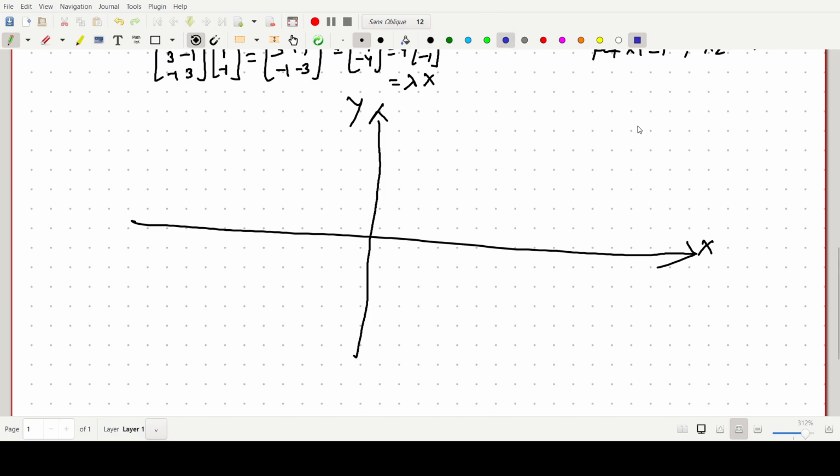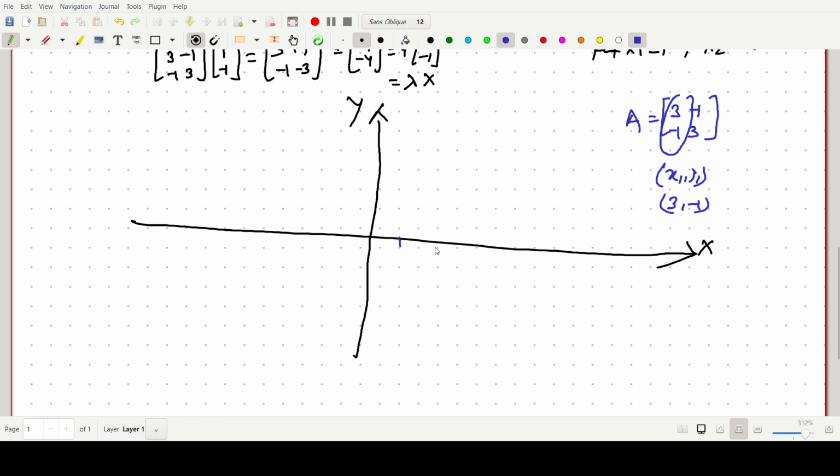Suppose our matrix is A equals 3, minus 1, minus 1, 3. You take this as the x1, y1 terms, so the term is 3 and minus 1. So where is 3 and minus 1?